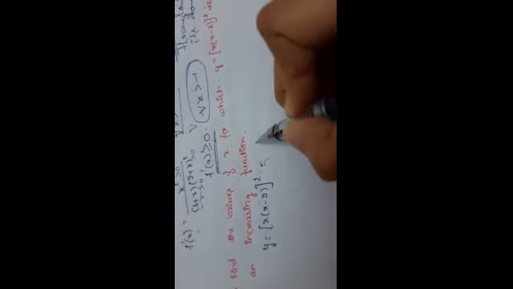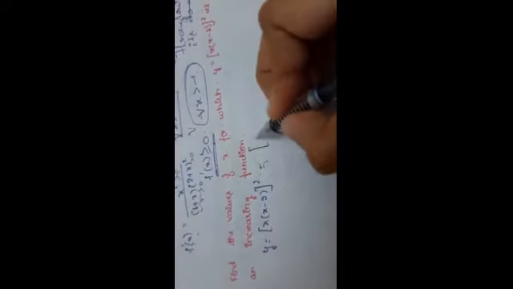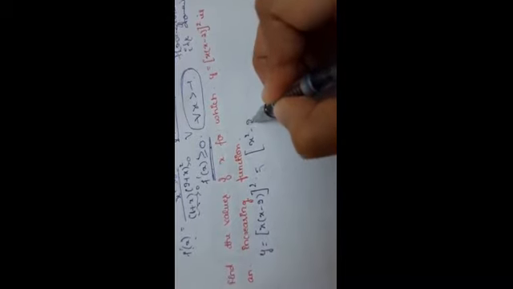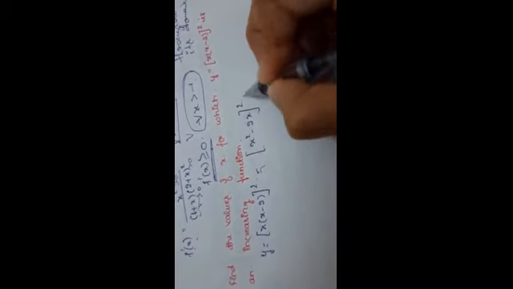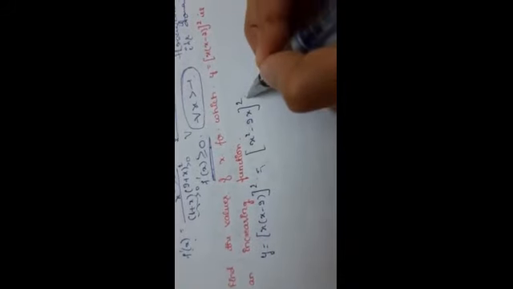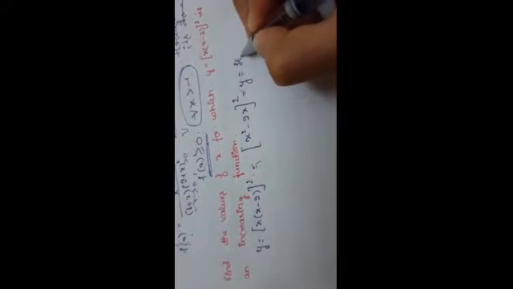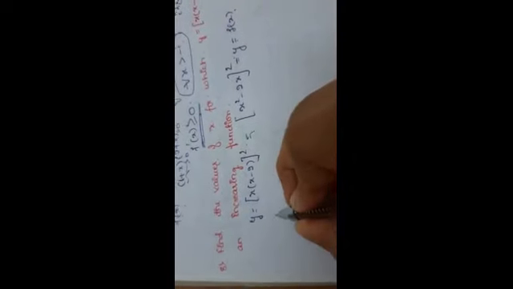So we need to show for which values the function is increasing. If I simplify the brackets first, it is x square minus 2x whole square. So x square minus 2x whole square, this is our y, or equal to f of x. First thing is we are differentiating this f of x. So f dash of x is nothing but dy by dx.